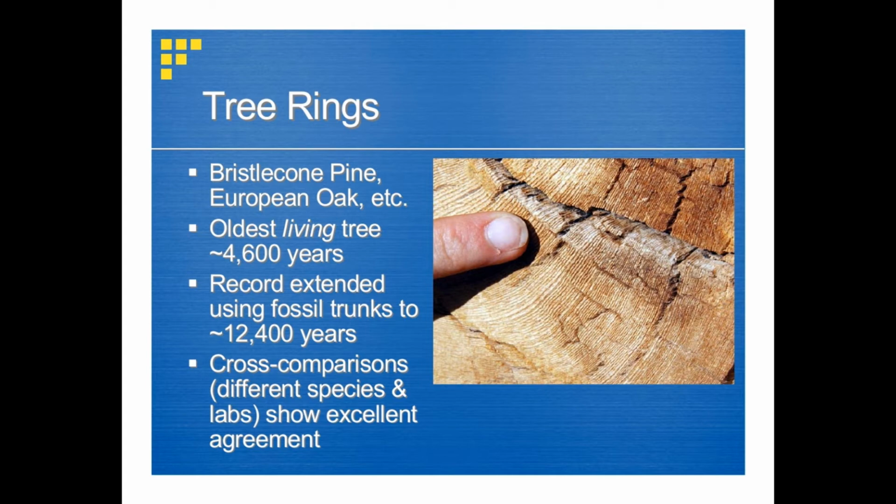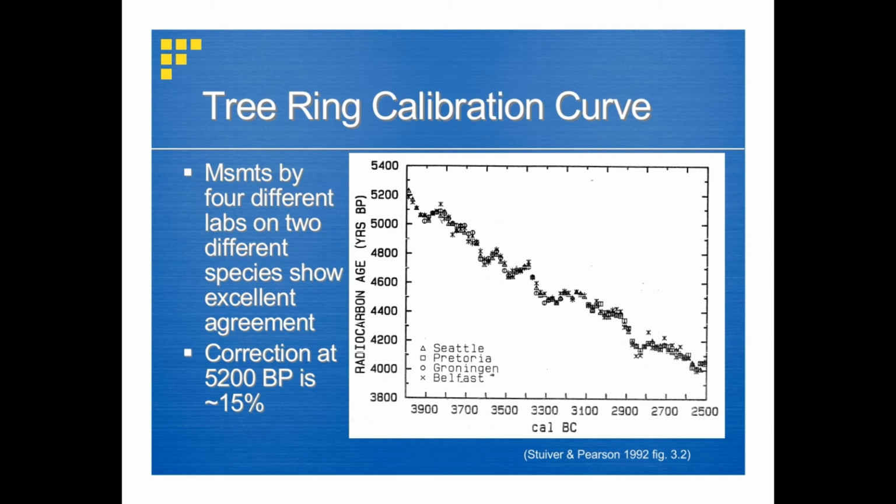And this has been cross-compared. This is a shot of a calibration curve. This is the uncalibrated date on the left, the date in BP years, and this is the calibrated date on the bottom. And you can see there are some ripples because the atmospheric concentration is not absolutely constant.